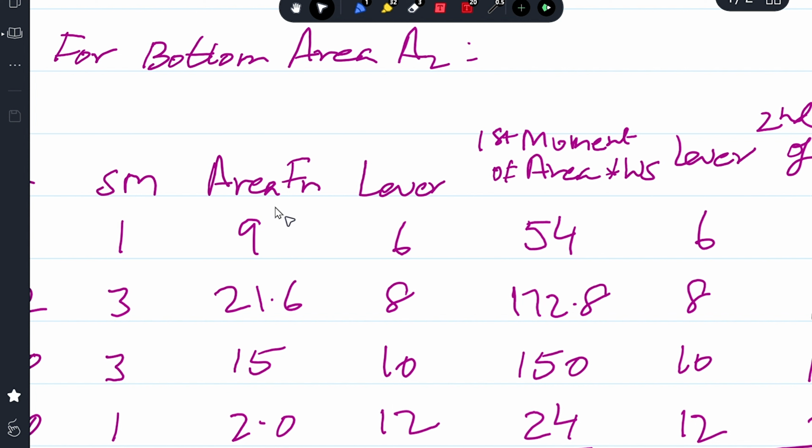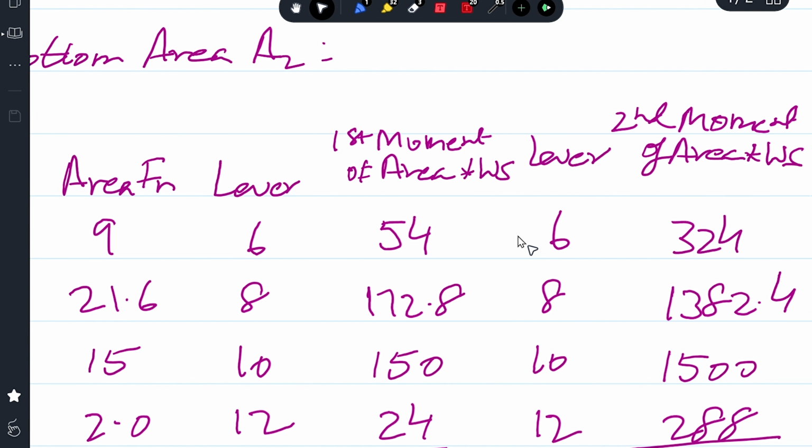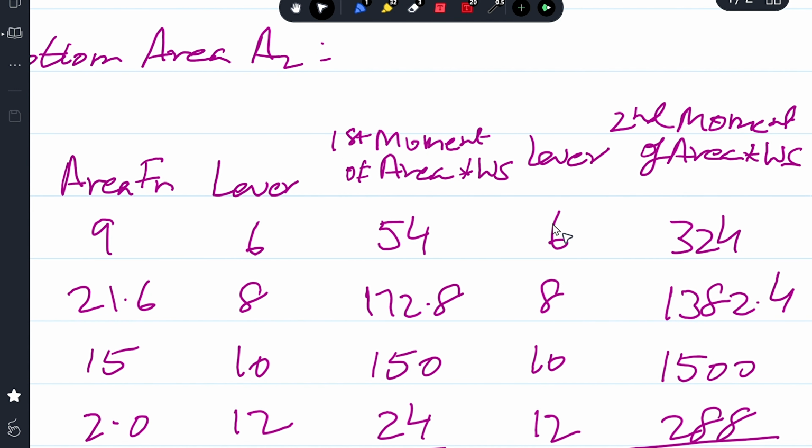Multiply the area function with the lever and we get the first moment of area for the bottom portion, again about the water surface. So we multiply 9 into 6, 54, then 172.8, 150 and 24. So the area function is multiplied by the lever to get the moment of area. Then the same levers again, 6, 8, 10, 12.